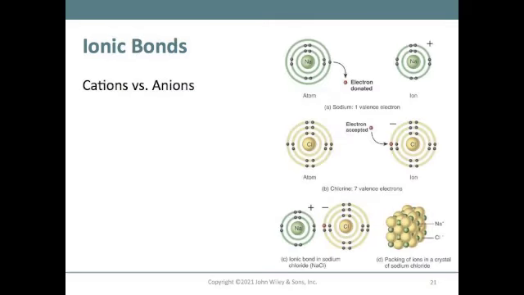And that brings us to figure 2.4 on page 34 of your book. So remember earlier on in the lecture, I mentioned that the first electron shell only requires 2 electrons for valence. But when we move into the second electron shell, that shell is going to require 8 electrons for valence. This chemical principle is called the octet rule, and it helps to explain why atoms interact in predictable ways.